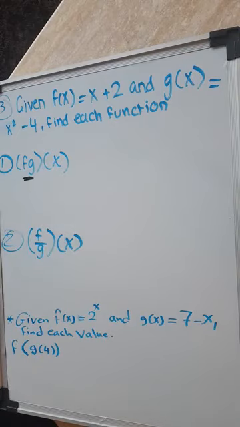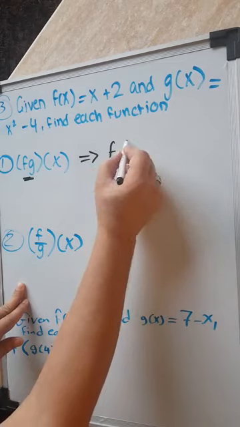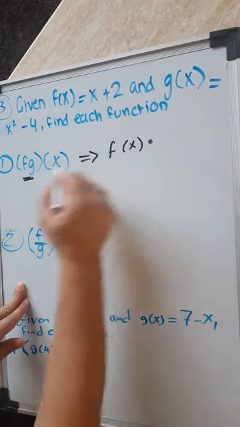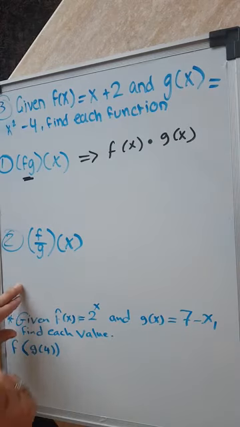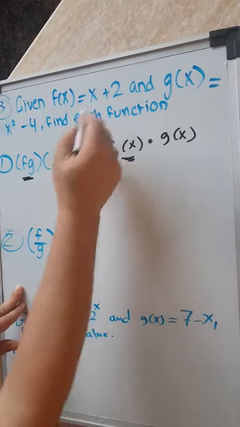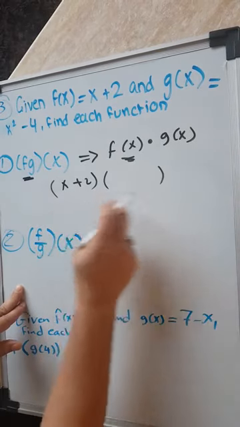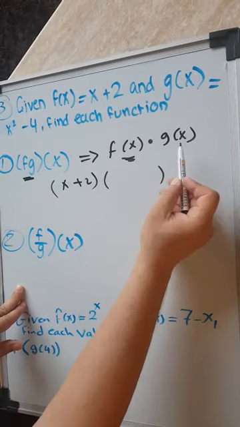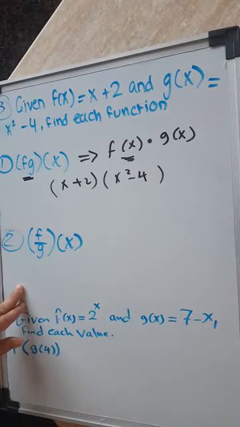We can do the same. Multiplication here, so it will be f of x multiplied by g of x. Where's f of x here? It is x plus 2, multiplied, two brackets, okay? The other one, g of x, which is x squared minus 4.